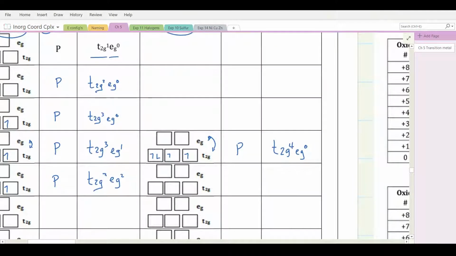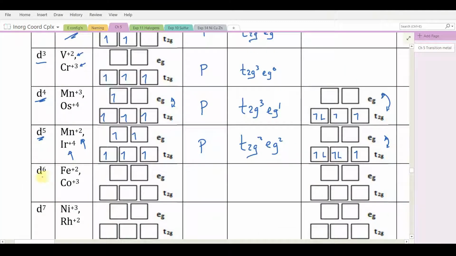However, with strong ligands like cyanide or ammonia, a large crystal field splitting energy occurs, and electrons will pair up rather than spread out. So all 5 electrons move into or stay in the T2g orbitals. It's still paramagnetic because we have at least one unpaired electron. This electron configuration is T2g5 Eg0.